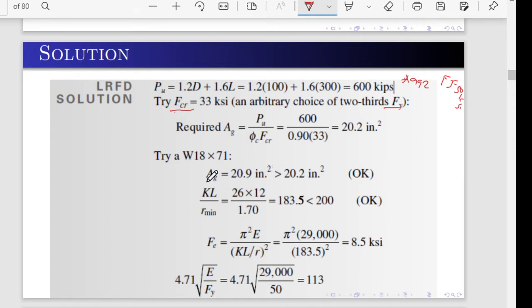Then compute for the slenderness ratio. Let's check the slenderness ratio.